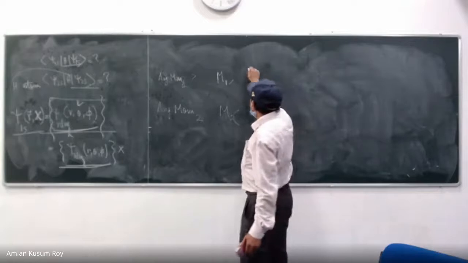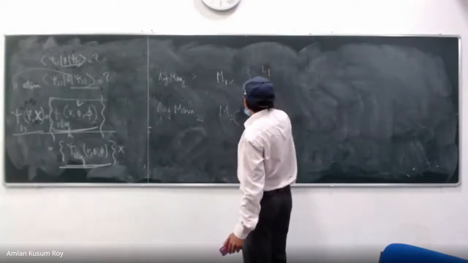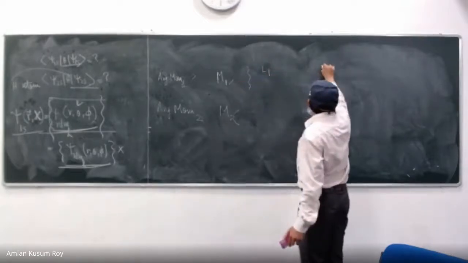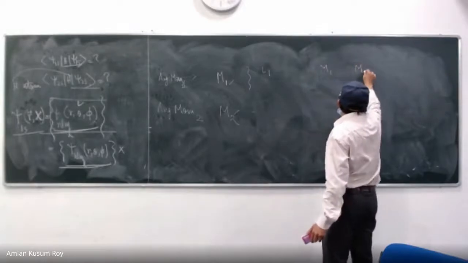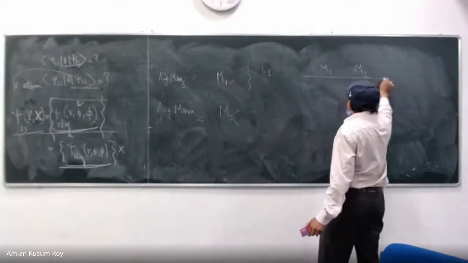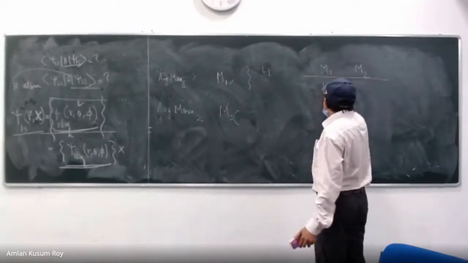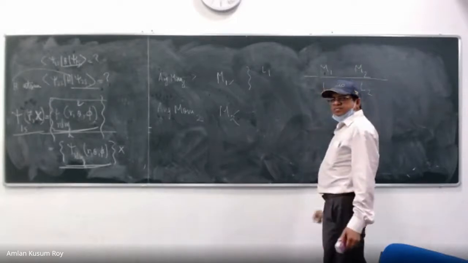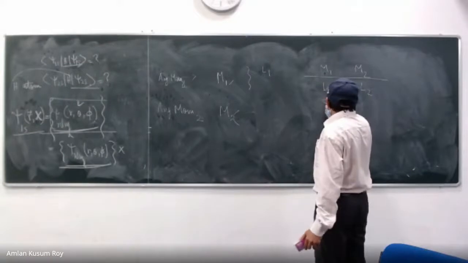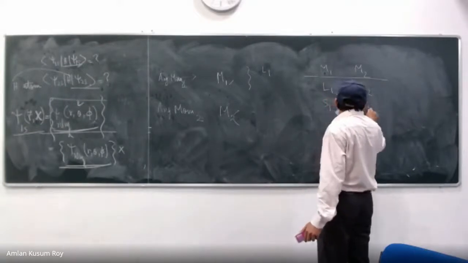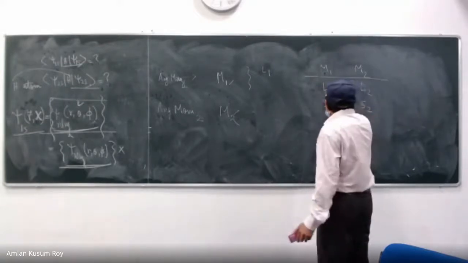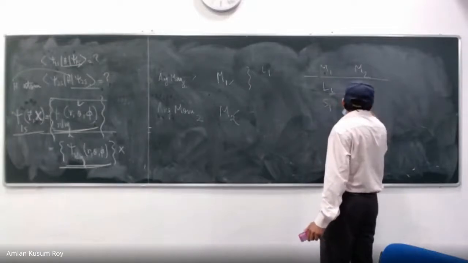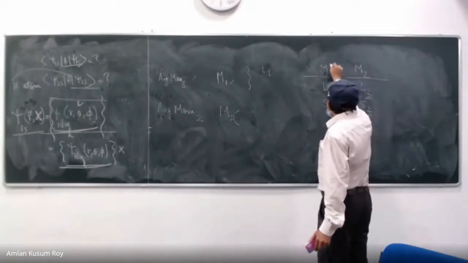So in our notation, I can call m1 to be L1 and m2 to be L2. That is one case. I can call m1 to be S1 and m2 to be S2. These are particles, these are two electrons.